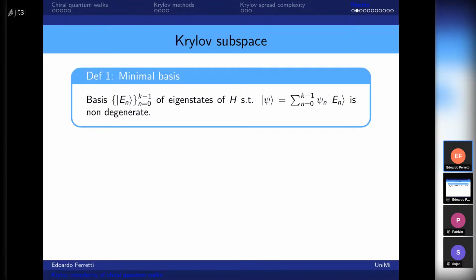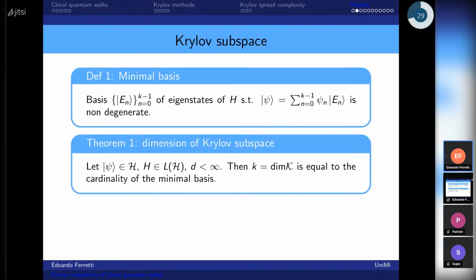And so I always assume we are in a basis of the eigenstates for which the spectral decomposition of the initial state is non-degenerate. So in all degenerate eigenspaces, we always rotate the basis such that only one element aligns with psi 0. Given this definition, we can state some propositions.